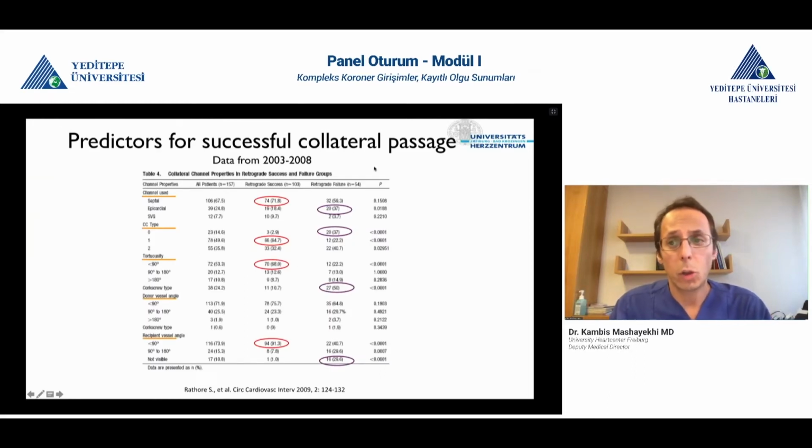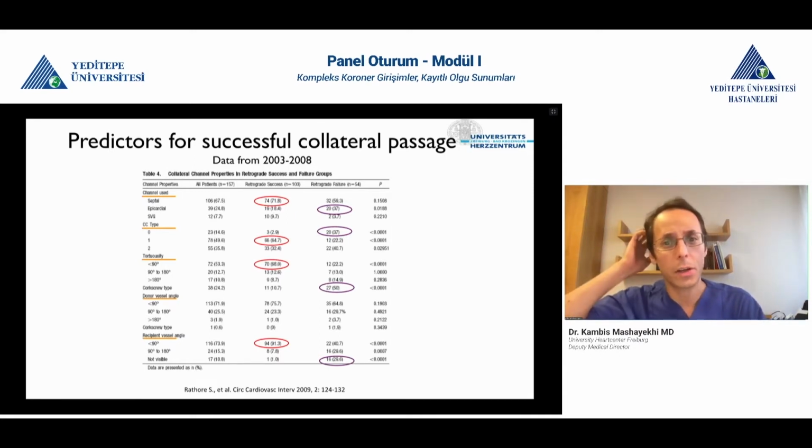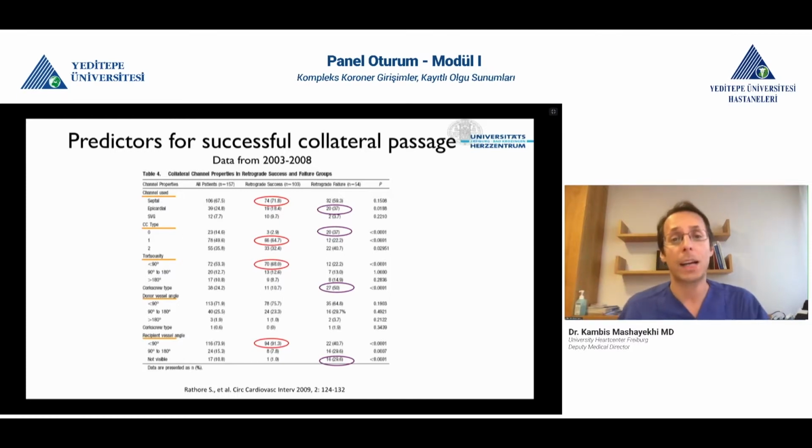Now about analyzing collateral connections. I will just show you what we actually have from the data. The first publication was in 2009 from Sruthi Rathore, who is now in England. At this time, he was at Toyohashi Heart Center, following Osamu Kato, who had already started retrograde PCI at this stage. He analyzed 150 patients on retrograde CTO PCI, retrograde success and failure.